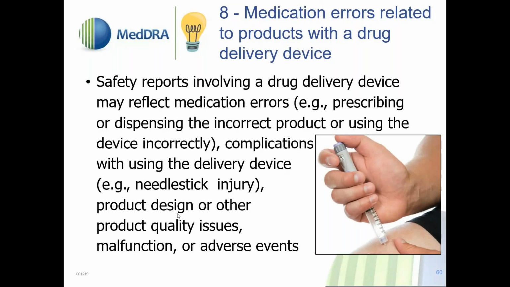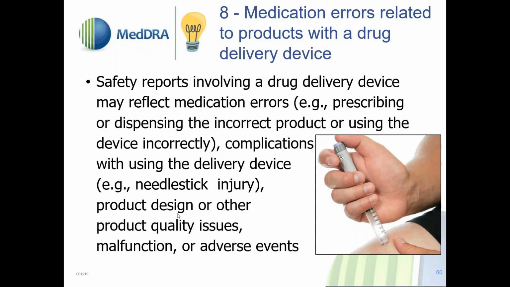An increasing number of marketed products are intended for use with a drug delivery device, like a drug-device combination product, or co-packaged in a kit, or separately distributed but labeled for use with a specific device.